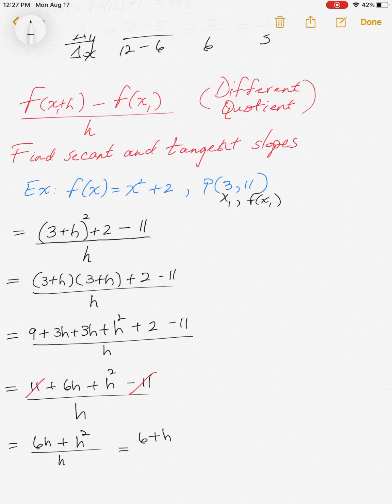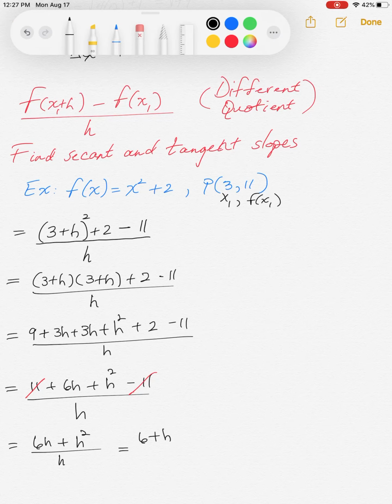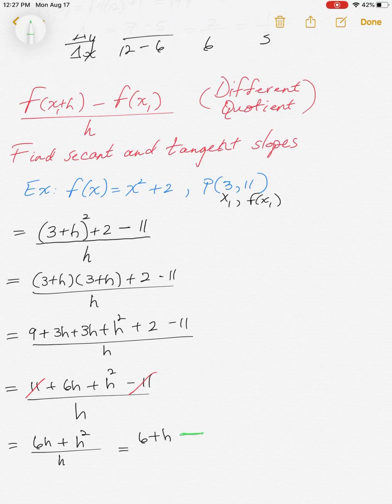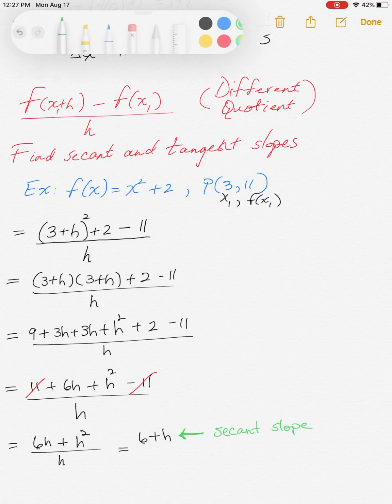So what we have found is the secant slope. That is the secant slope. All right. Now what is the tangent slope?